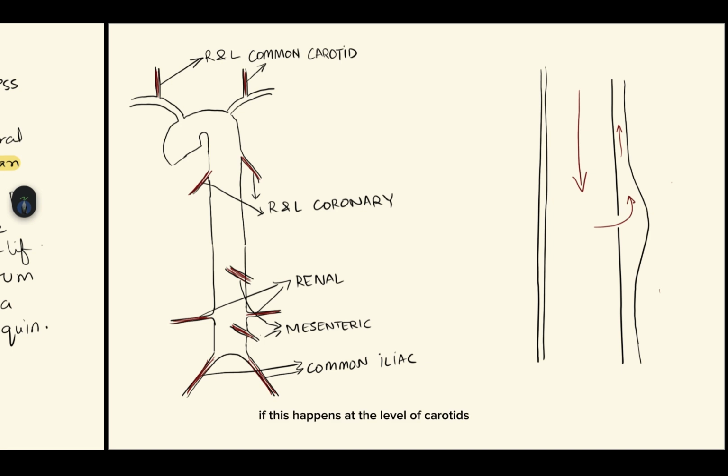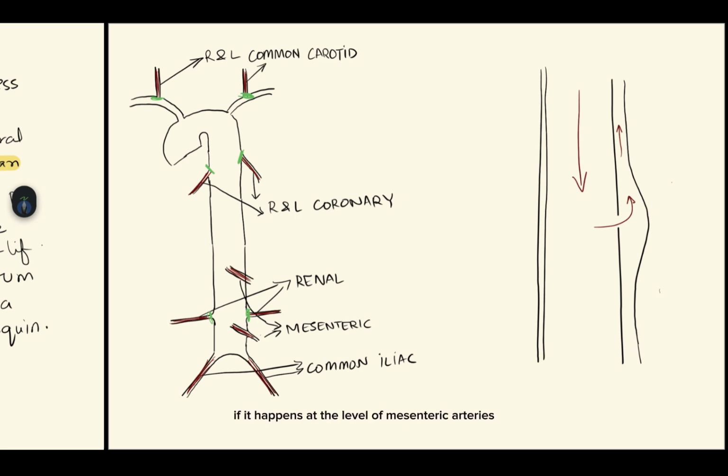If this happens at the level of the carotids, it leads the patient to have a stroke. If it happens at the level of the coronaries, then it leads to MI. If it happens at the level of the renal arteries, it leads to acute kidney injury.